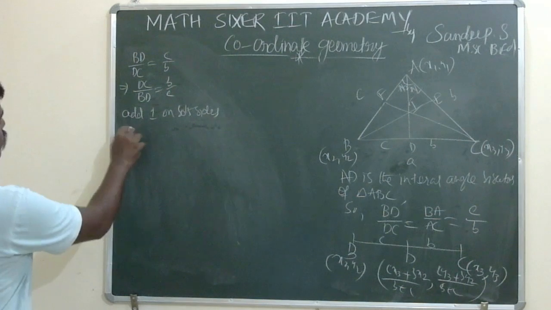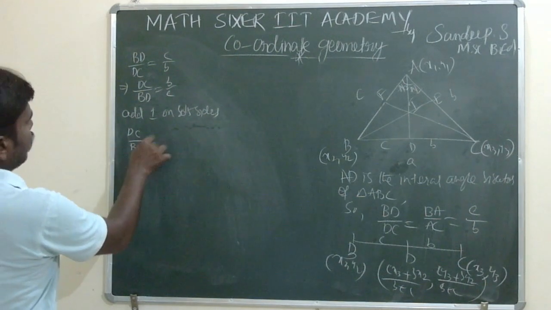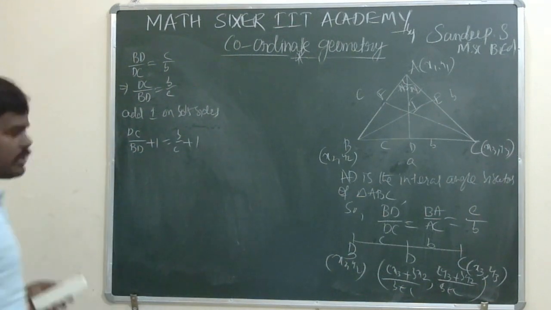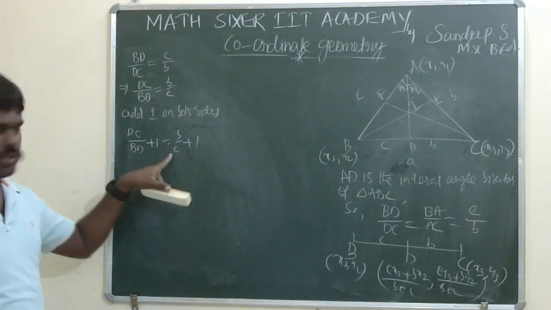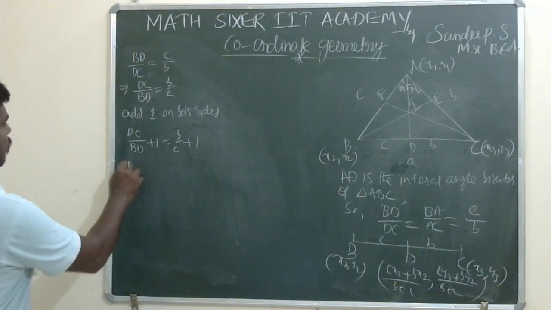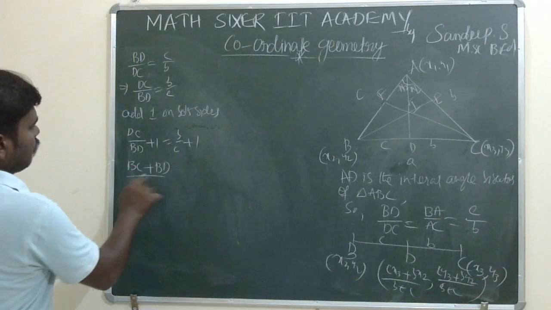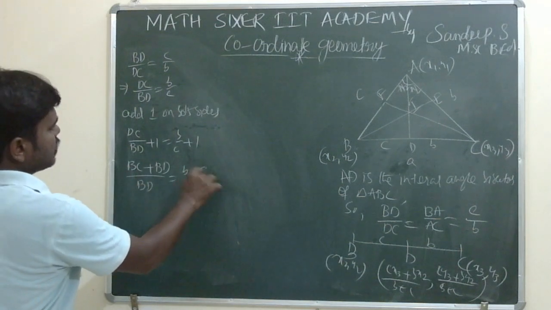After adding 1 on both sides, what do we get? Here DC by BD plus 1 is equal to B by C plus 1.